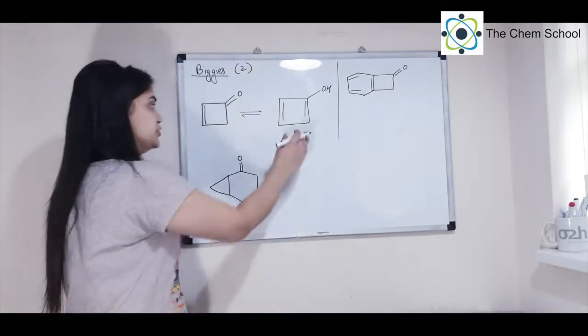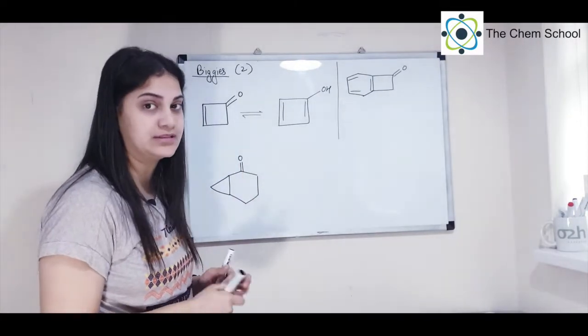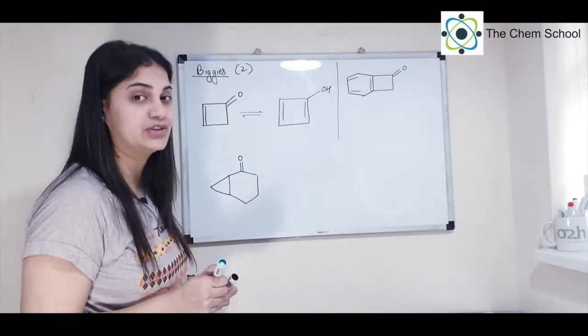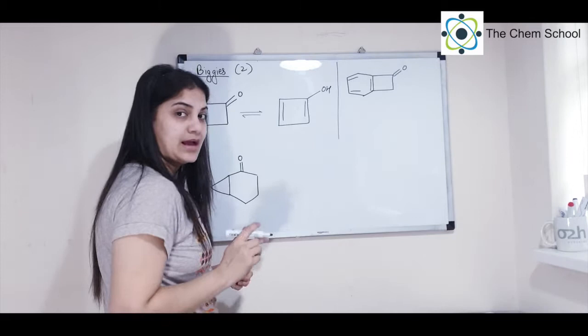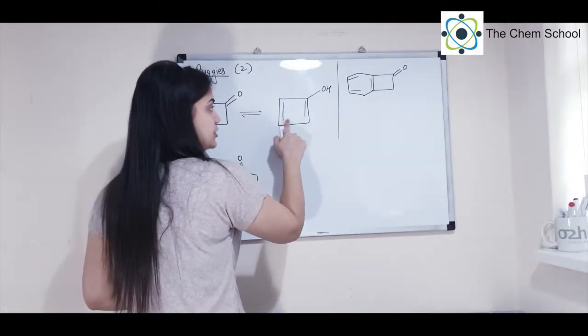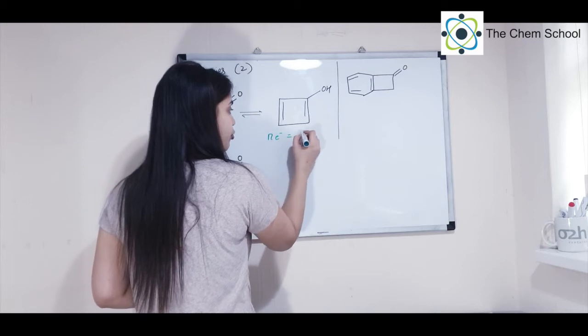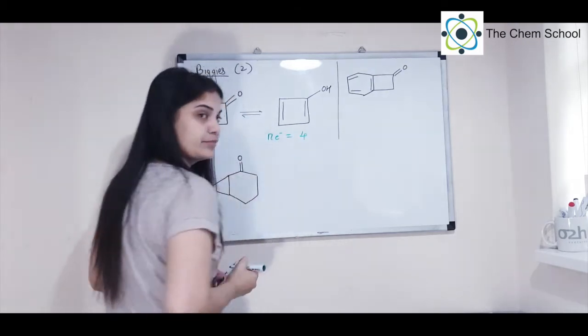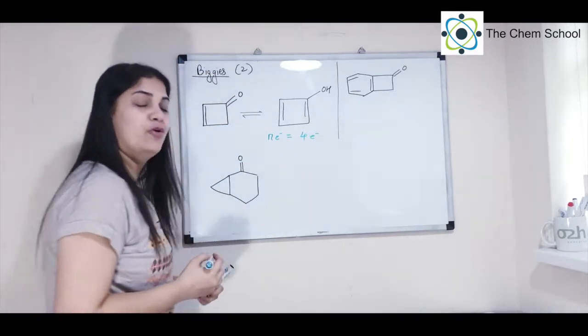Now decide which one is more stable. Now there's a very big problem in this example, and what is that? Check out. Whenever you have this type of system, I said count the pi electrons. How many pi electrons do you have? So in this case, pi electrons are 4, right? I repeat, you have 4 pi electrons.